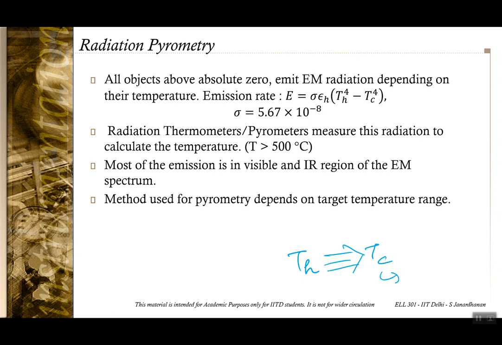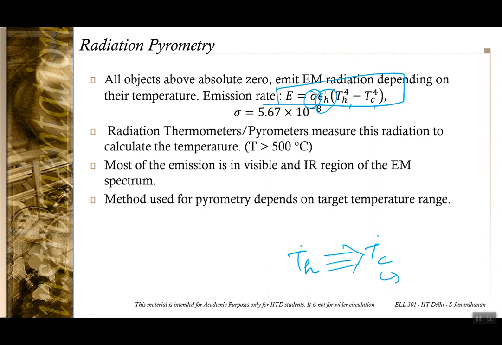The emission rate from here to here is given by this expression, which depends upon the temperature of the hot and cold body, not the difference. It is the fourth power of their absolute temperatures, where Eh is the hot body's emissivity coefficient, and sigma is the Boltzmann constant.